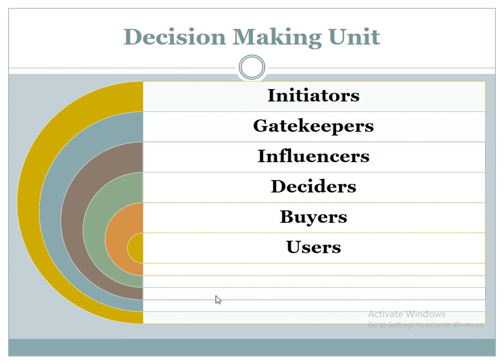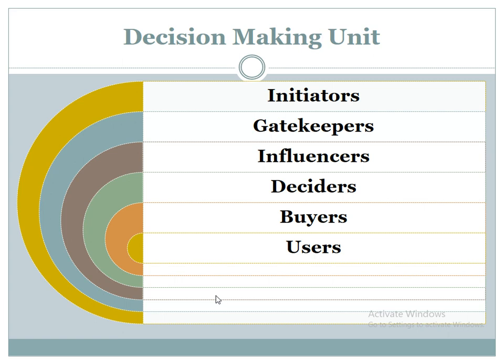So, who are the decision makers? What are their positions, what influence can they have on the purchase decisions, what impact are they making on the purchase decision? That we need to understand.